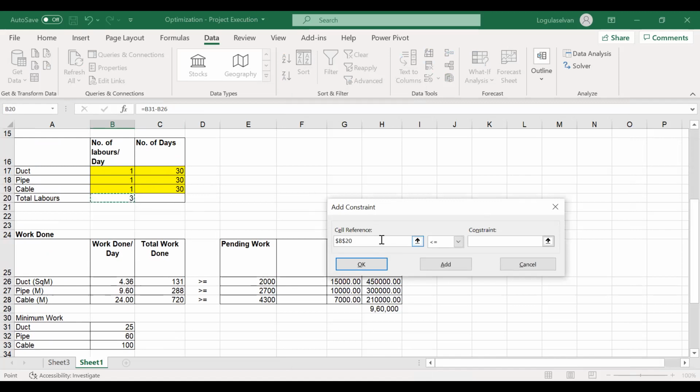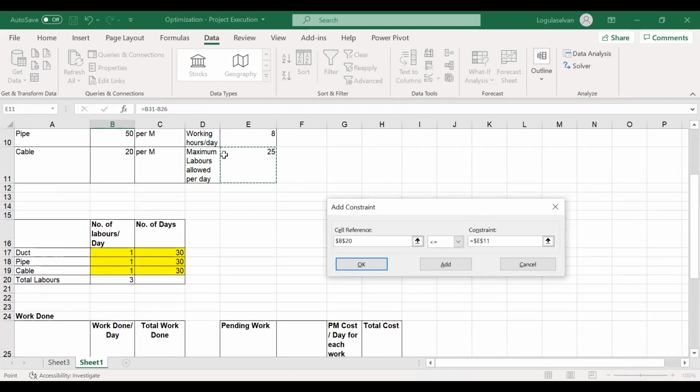The labors has to be less than or equal to the restriction, which is 25. Then number of labors has to be an integer. Then number of days also will be an integer.